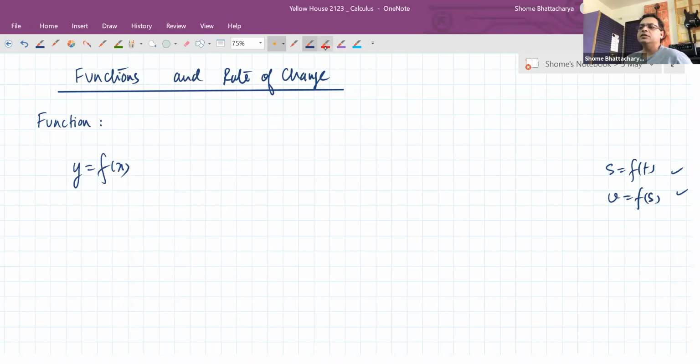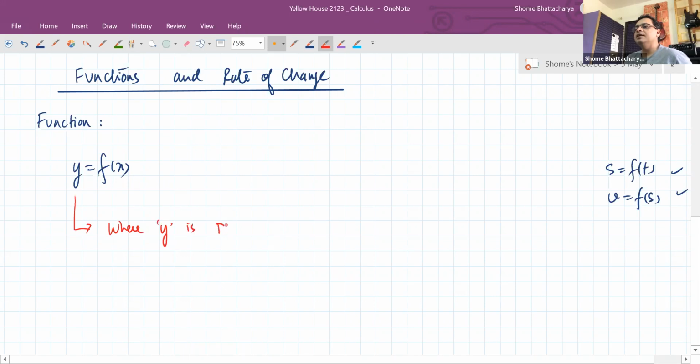However, there's something very specific here. When we express it in this way, with the variable y on the left hand side, it means that y is what we call the dependent variable. I'll explain what we mean by dependent in just a moment. It is the dependent variable in my function, and x is what we call the independent variable.